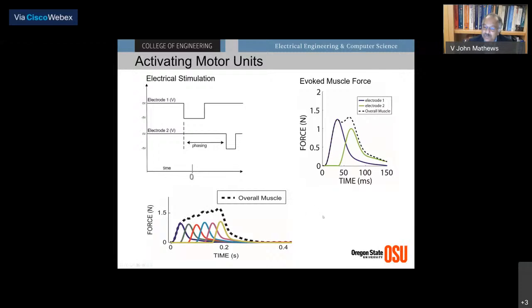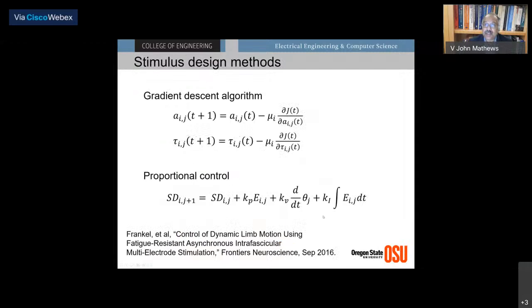Now, the question is, how do we design the stimulation paradigm? What I mean by that is I need to know the times, I need to know the pulse widths. By the way, this talk is a very broad talk. I'm going to give you only a 10,000-foot view of the whole field. I'm not going to use a lot of equations.